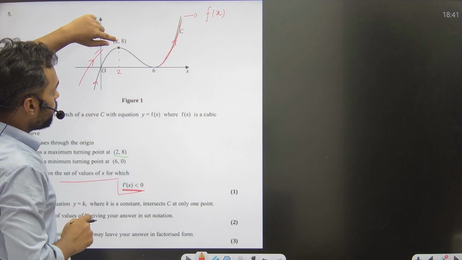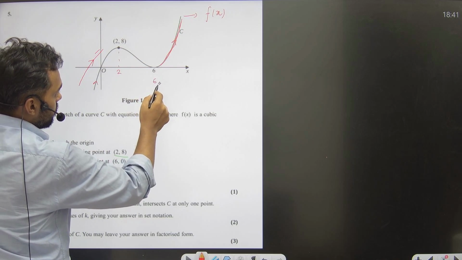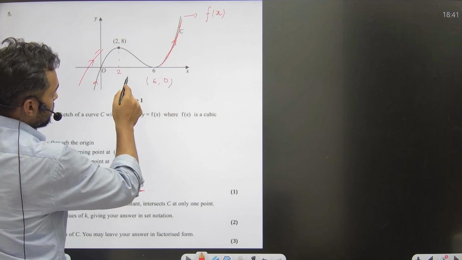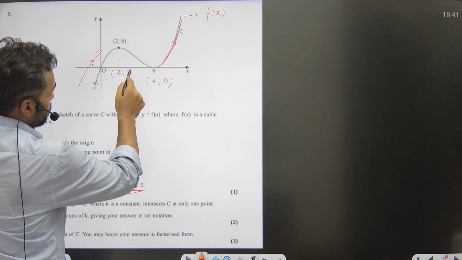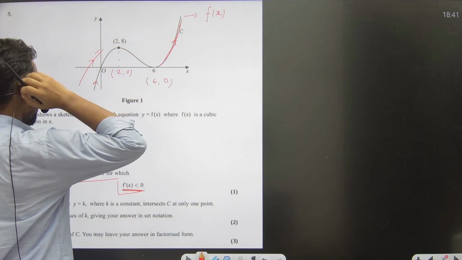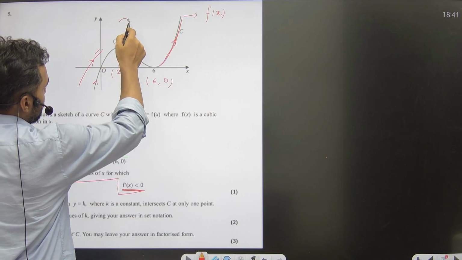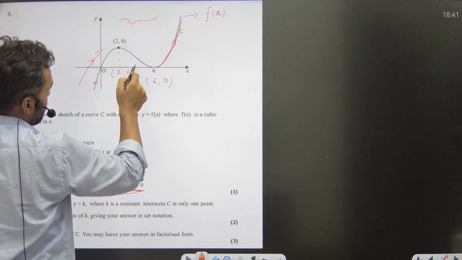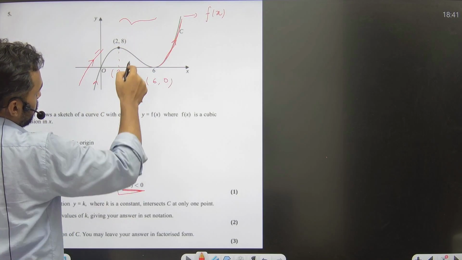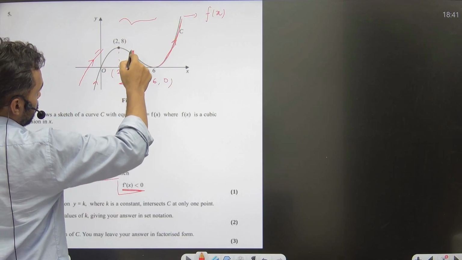Let's say this point is 2, because the x-coordinate of this point is obviously 2, and they have told us that the other is 6. So you can write this as (2, 0). But in the range from the coordinate point (2, 0) to (6, 0), you can see the curve is declining downwards.